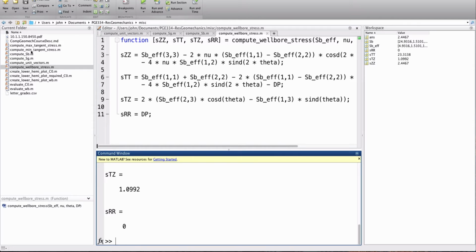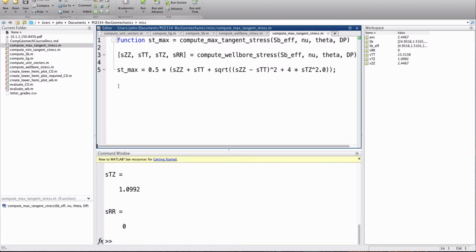So then we also have two functions: compute minimum and maximum tangential stress. So, for example, if we look at the maximum tangential stress, all I do there is call compute wellbore stress. So it takes the same arguments. I call compute wellbore stress, and then it uses that equation to convert it to ST max, right? And that's what's returned.